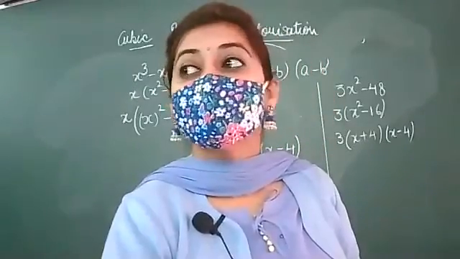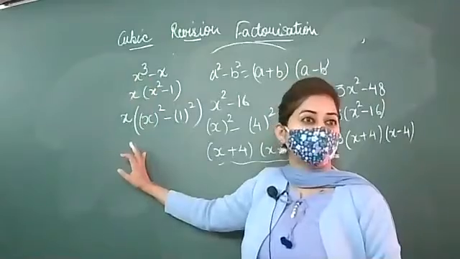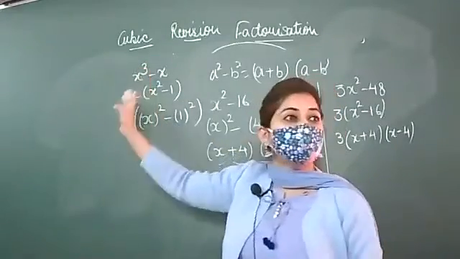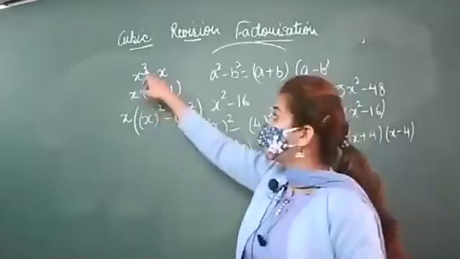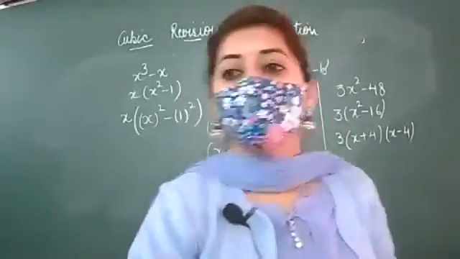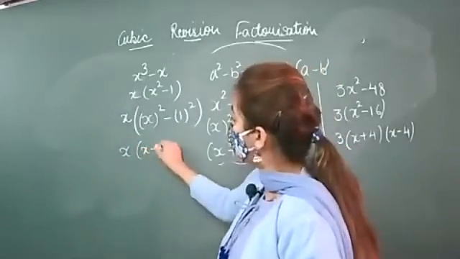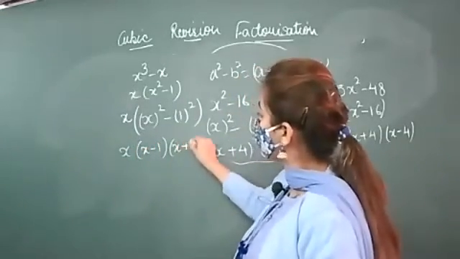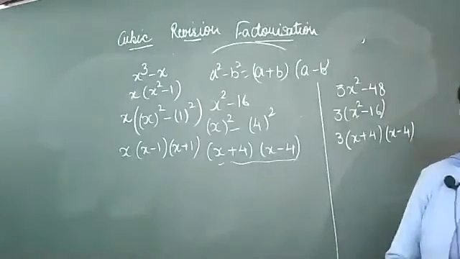Actually, the maximum power is 3, so you will have 3 factors. This expression is called cubic, and since the power is 3, you will have 3 factors. Here, this is your a square minus b square, a minus b, a plus b. Any doubt? Any doubt, beta?